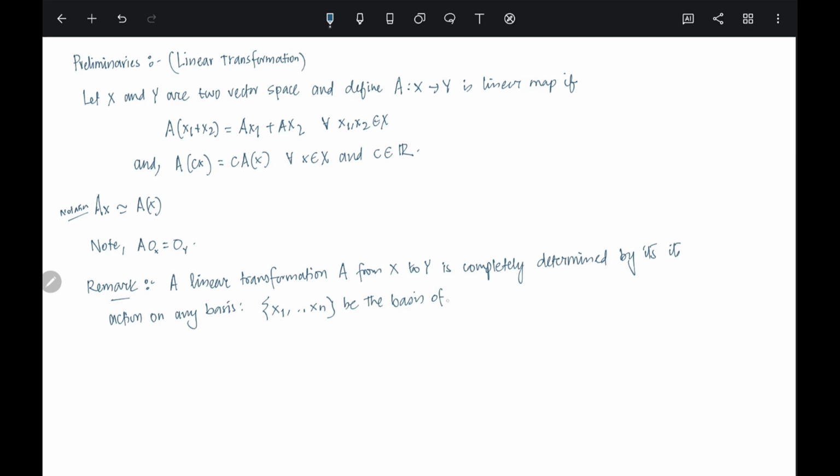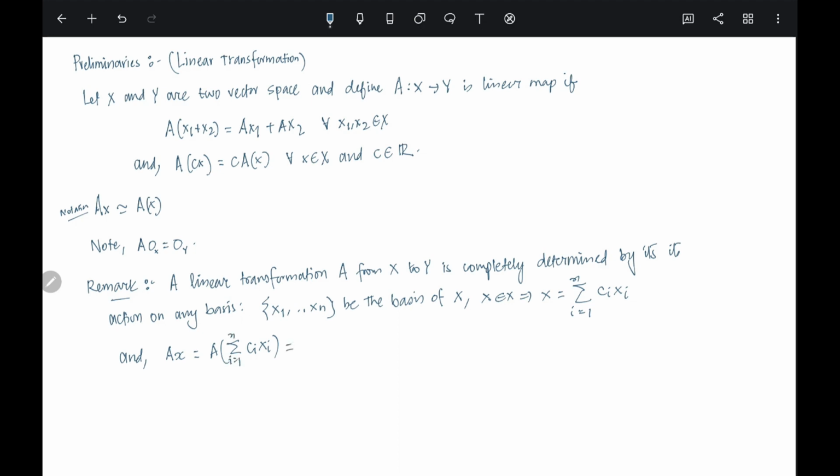Then any x in X can be written as x equals the sum from i equals 1 to n, let's say it is n dimensional, of ci xi. If we look at the action of A times x, it will be A times the summation of ci xi, i equals 1 to n.